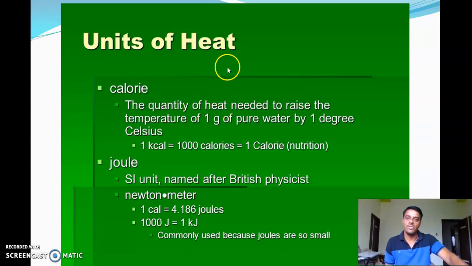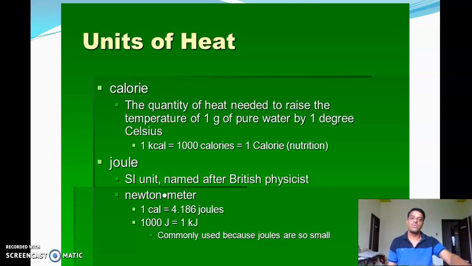The units of heat. As we know, heat is measured in terms of calorie as well as in terms of joule. Calorie is a unit which can be defined as the quantity of heat needed to raise the temperature of 1 gram of pure water by 1 degree centigrade.